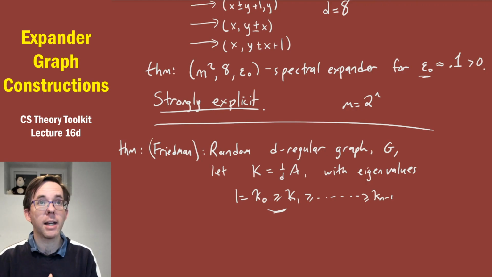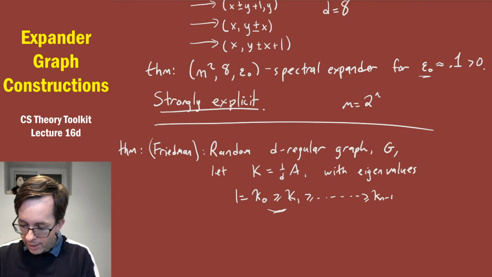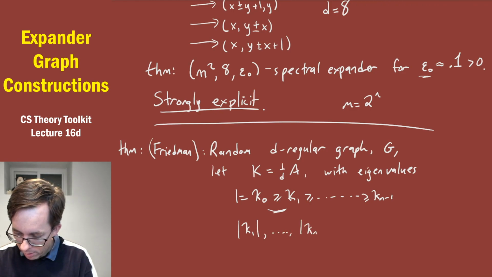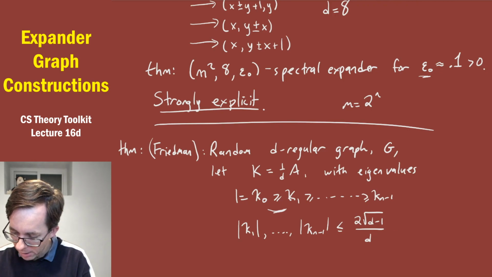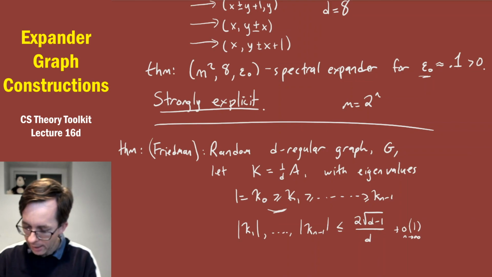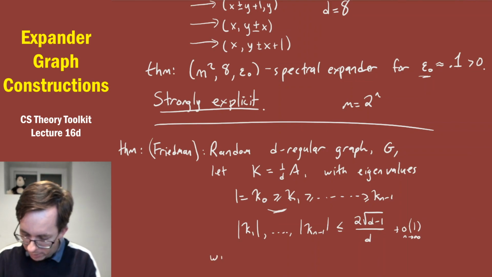But the theorem is that in a random d-regular graph, all of these eigenvalues, kappa 1 through kappa n minus 1, in magnitude, are at most basically 2 times root d minus 1 over d, plus little o of 1, as n goes to infinity, with high probability. With probability also 1 minus little o of 1.